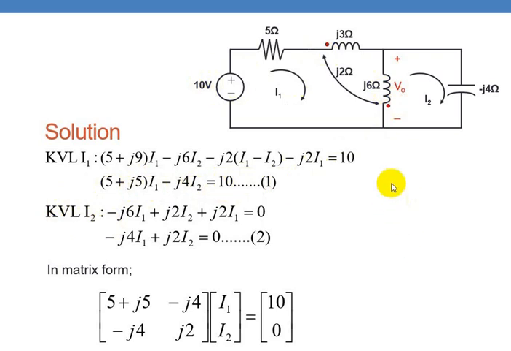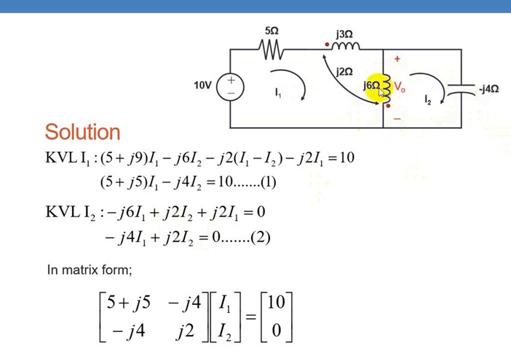So Z21 is nothing but the drop in the branch which is common between second mesh and first mesh. So that is J6 into I1. So the minus sign because these two currents are flowing in the opposite direction through this. Then coming to Z22, you have to add the impedance and reactances in the second mesh.